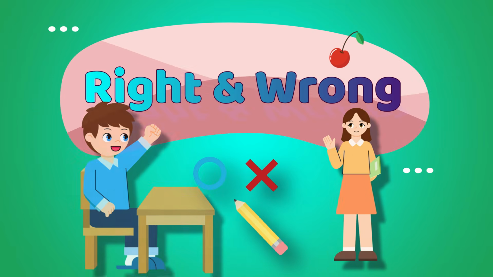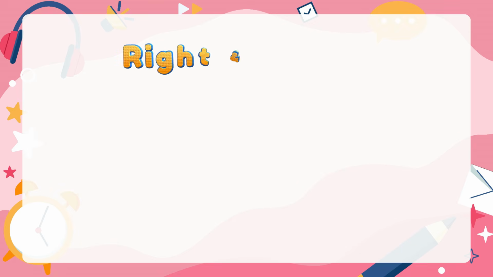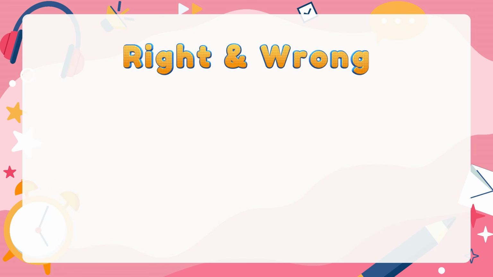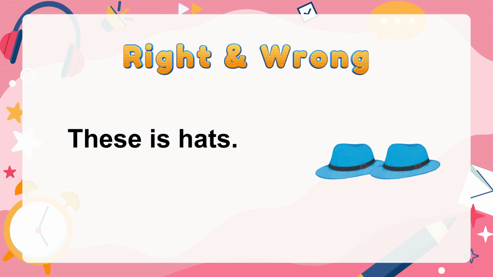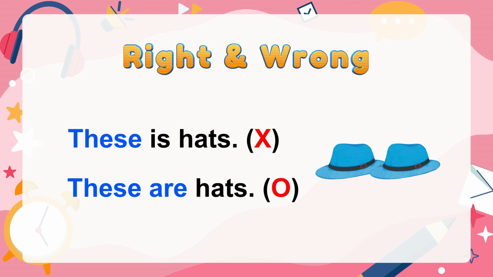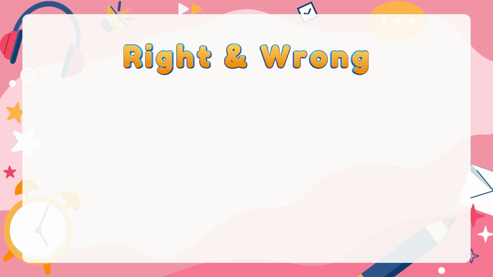Right and wrong. Now let's look at the right and wrong section. The first one says, these is hats. These is plural. We use are with these. These are hats. The next one.